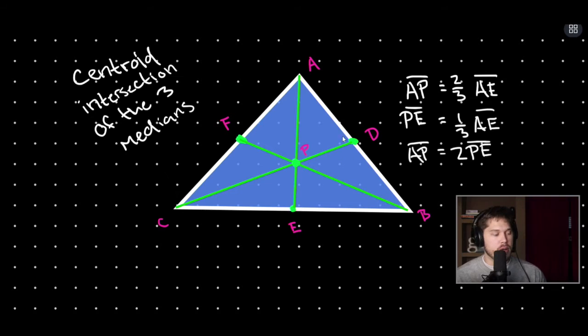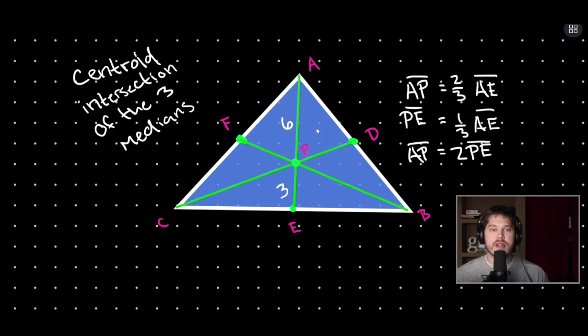So if we threw in some numbers, if AP was 6, let's say, then this shorter length here must be 4. All right, because, or I'm sorry, I already messed up. It wouldn't be 4, it would be 3. Because AP is twice the length of PE, and it is 2/3 of the total length of AE.